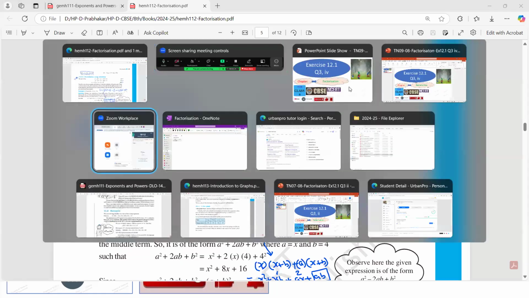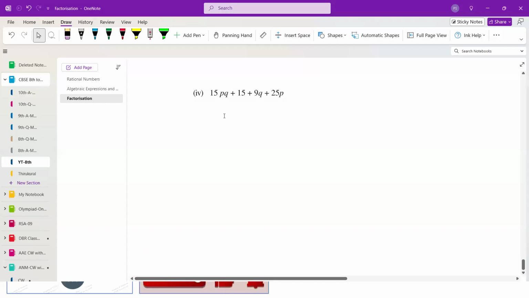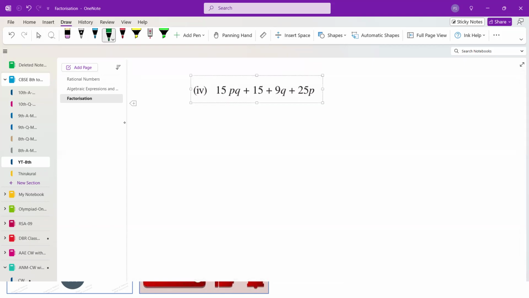I'll just snip it and put it in Microsoft OneNote so that we can easily start writing the solution. We write it first as it is: 15pq plus 15 plus 9q plus 25p.